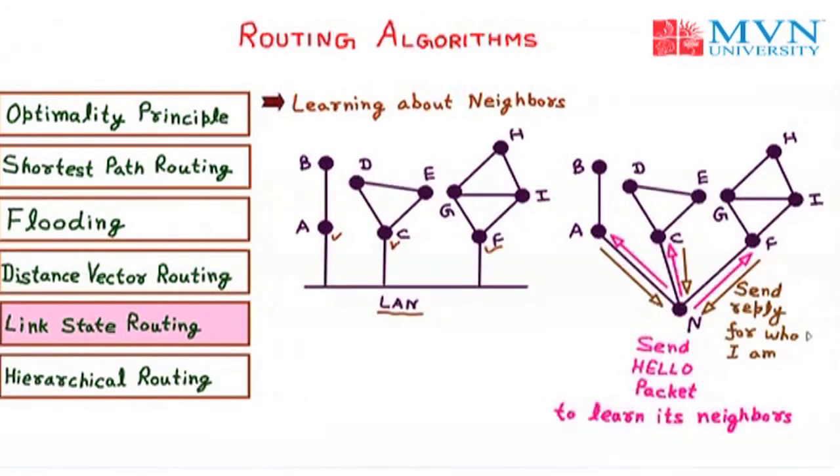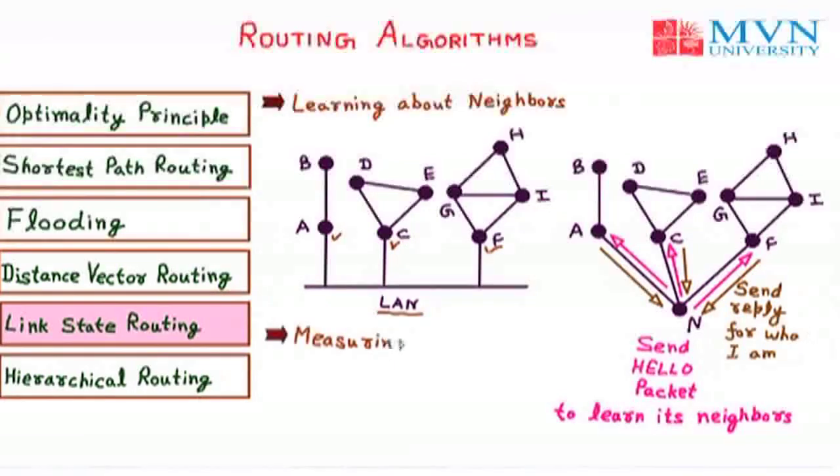Then routers A, C and F will follow the same rule as N. B, D, E, G, H and I will also reply back telling who they are, and with the help of the hello packet, N has the information about all its neighbors.